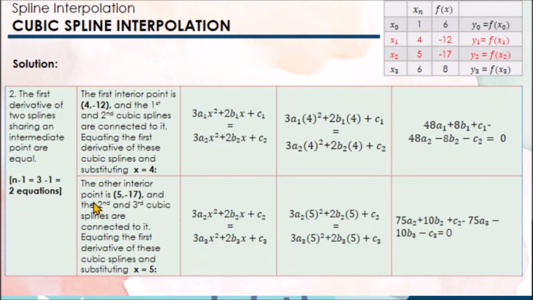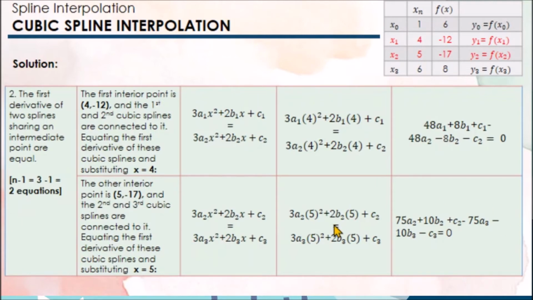So, next is our other intermediate point, which is 5, negative 17. The other interior point is 5, negative 17, and the second and third cubic splines are connected to it. So, equating the first derivatives of these cubic splines and substituting x equal to 5, we have 3a sub 2 x squared plus 2b sub 2 x plus c sub 2 is equal to 3a sub 3 x squared plus 2b sub 3 x plus c sub 3.